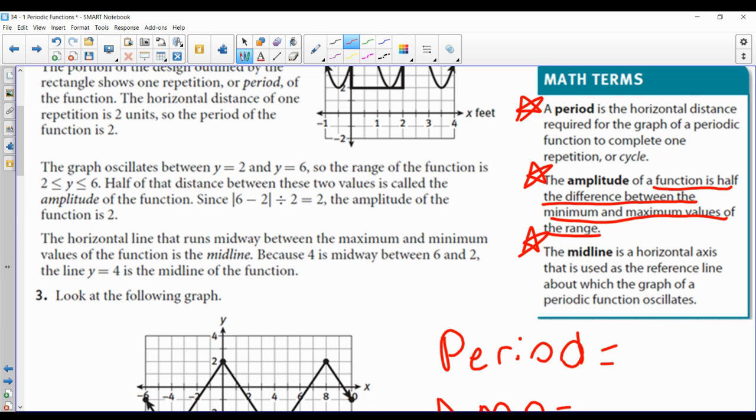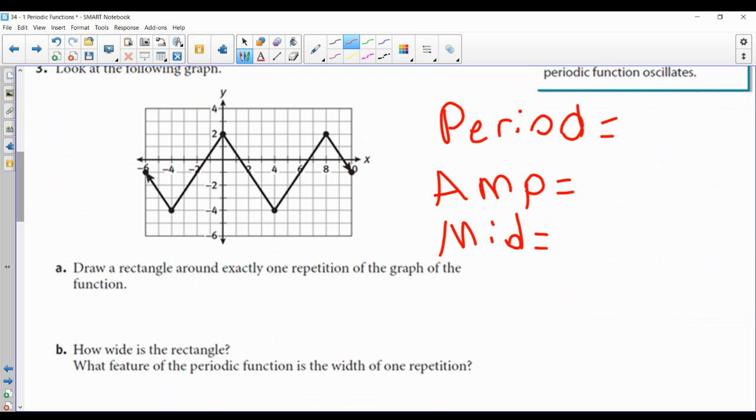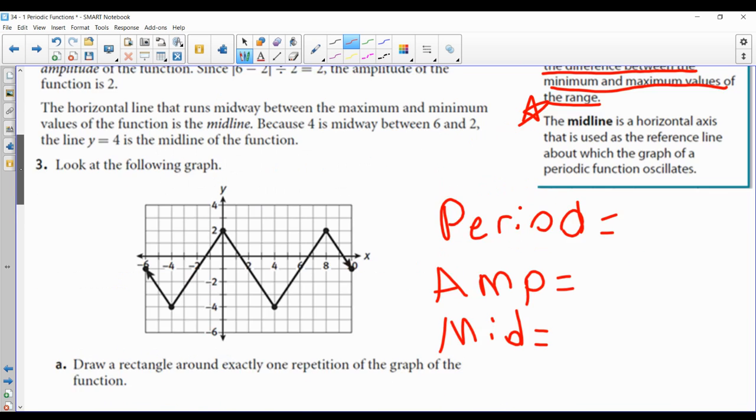All three of which are going to be important vocab terms for us to understand because each of those we're going to try to find within the graph. Note, a period is the horizontal distance required for the graph of a periodic function to complete one repetition or cycle. To put that in perspective, a period is how long it takes to repeat.